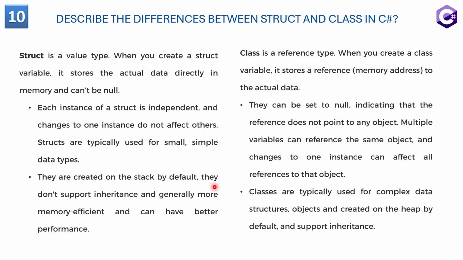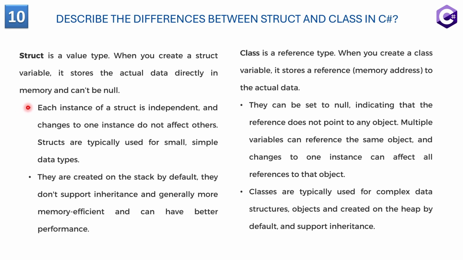The last question is: what is the difference between struct and class in C#? It's also an important question. A struct is basically a value type. When you create a struct variable, it stores the actual data directly in memory and can't be null.